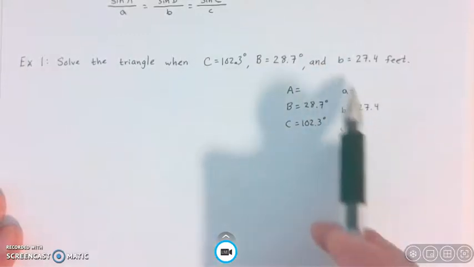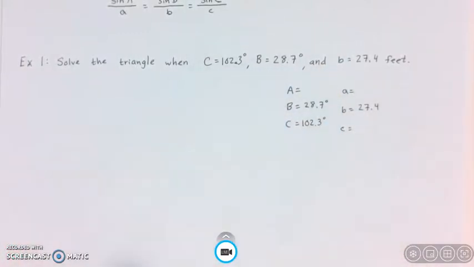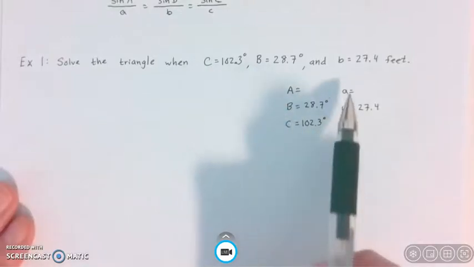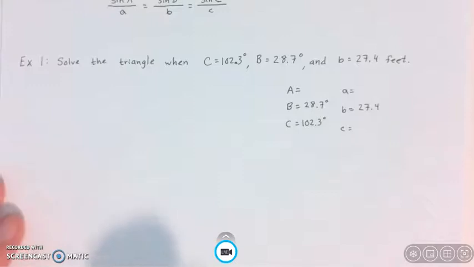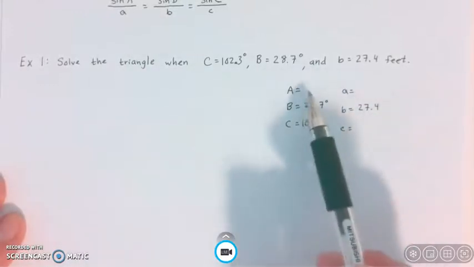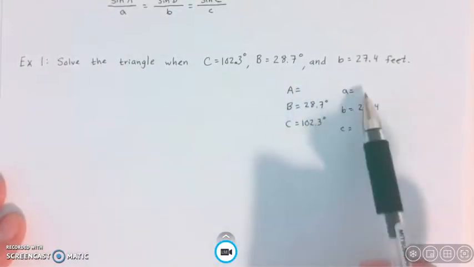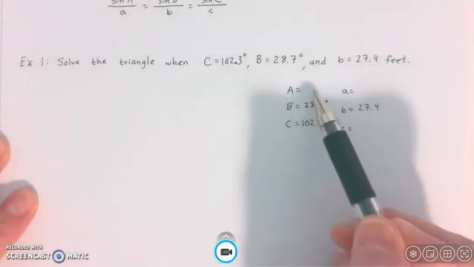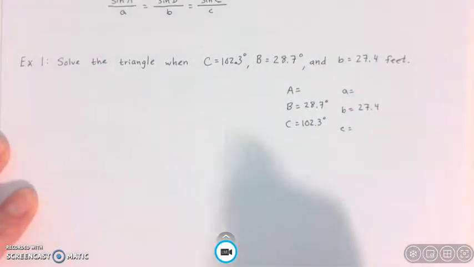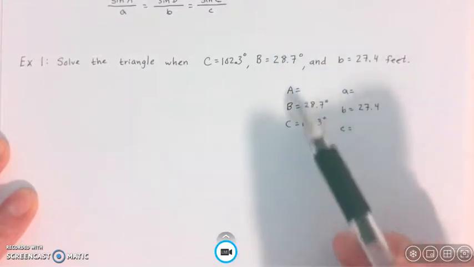I've made this little chart right here, and it's going to be helpful for you to do the same thing. I have all my angles and all my sides, and I've already plugged in the given information. Now this helps me to see that all I need to find is angle A and side c. The easiest thing to start with right now is to solve for this angle, because we know that in a triangle, whether it's a right triangle or an oblique triangle, there's 180 degrees.